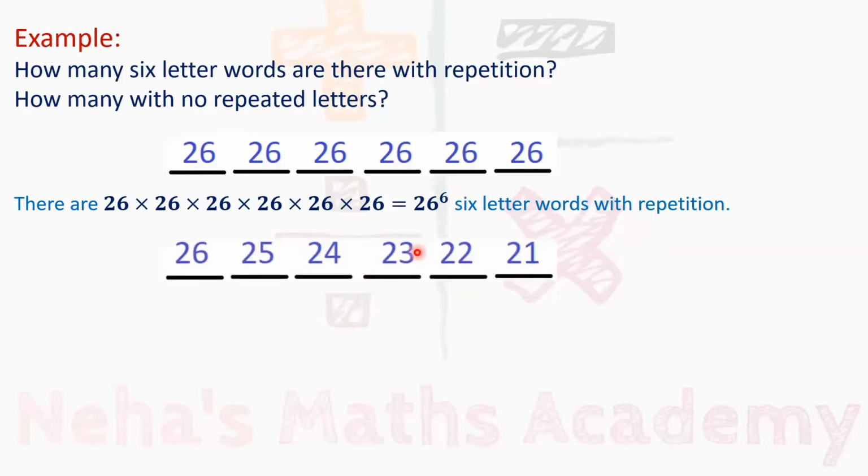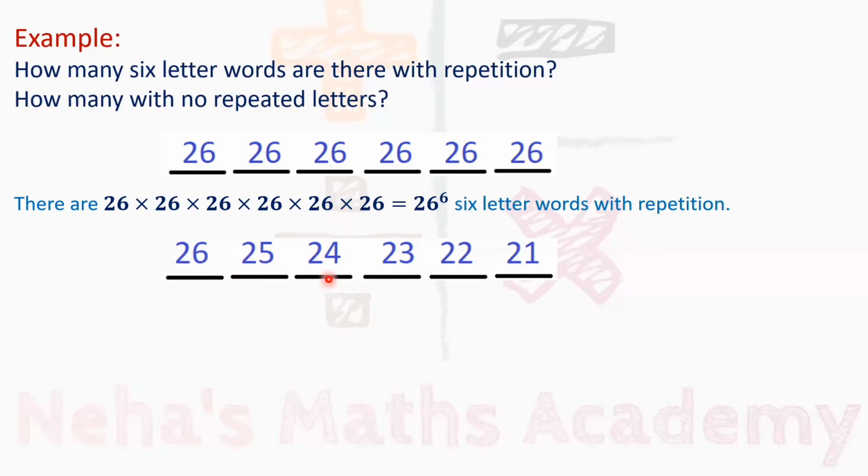And if the repetition is not allowed, for the first place, we have 26 choices. For the second, there will be 25 choices, as the letter that we have used for the first place, we can't use for the second. And in the third place, we can't use the letter which we have used in the first two places.